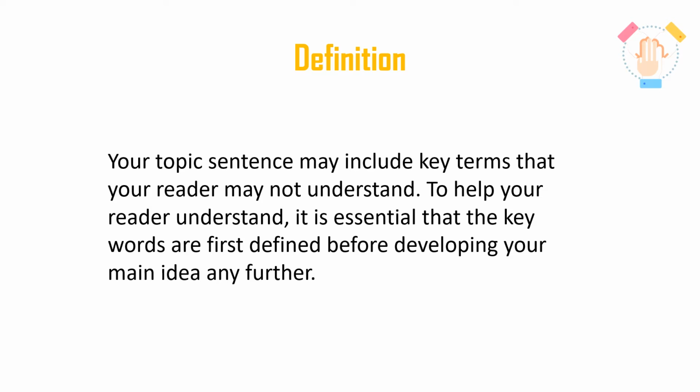Of course, these definitions can come from you or from an outside authority or source, such as a dictionary or encyclopedia. It's important that you define key terms associated with your main idea before you prove your main idea or develop it. Naturally, you will be more successful in proving your main idea or developing it further if your reader understands what the main idea means in the first place.